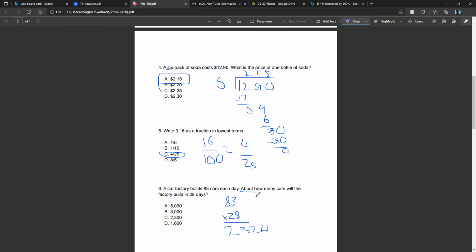But here it says about, so we're trying to estimate it. So instead, we're going to take these two numbers and round them. 83 rounds to 80, and 28 rounds to 30. Then you multiply them together, and you should get about 2,000, but let's choose a closer answer, so the answer is C.